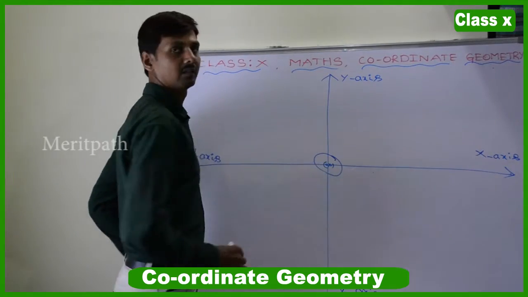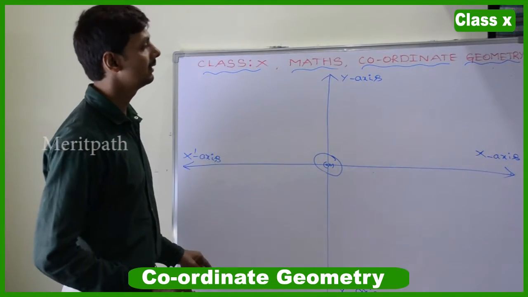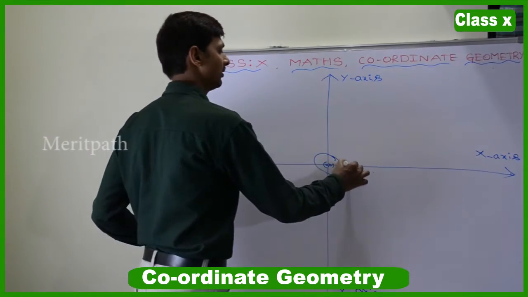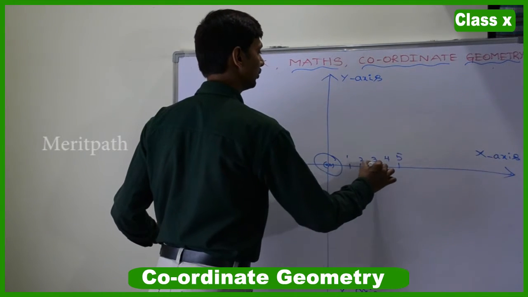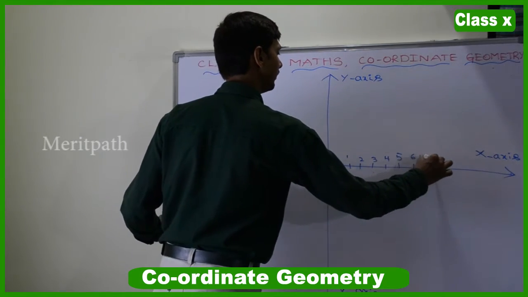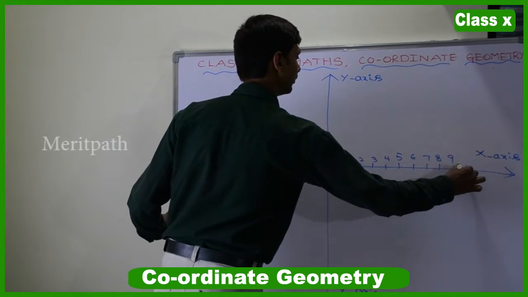The origin is where they meet at (0, 0). Here the positive values are 1, 2, 3, 4, 5, 6, 7, 8, 9, 10, and so on.